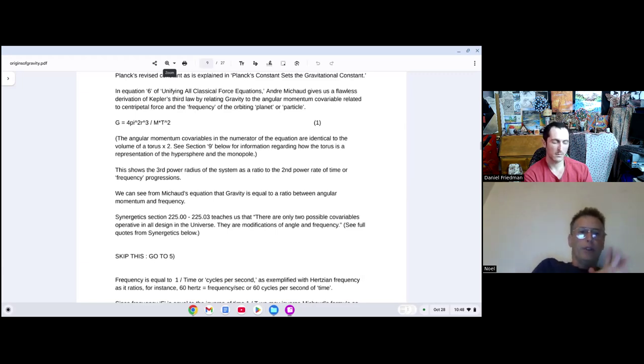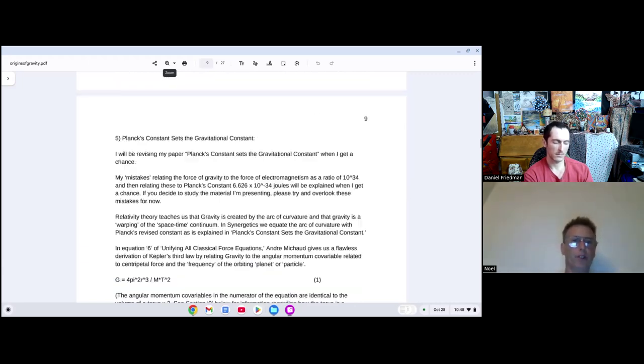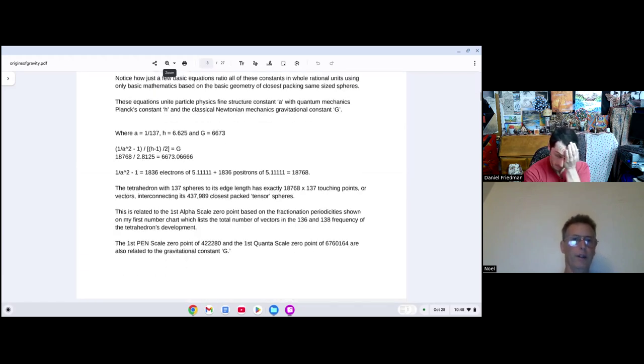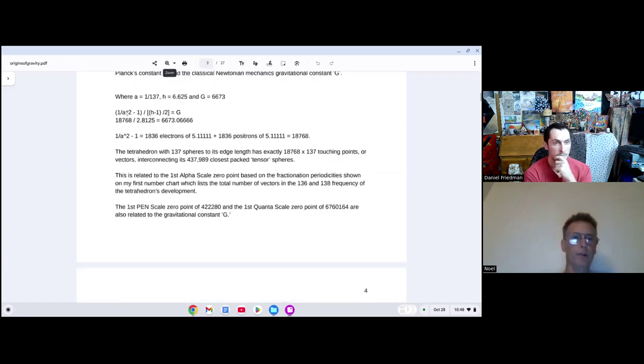So that relates to 360 degrees of angular momentum. I'm going to jump back up to show how now in this formula here we have a frequency setting, and here we have the angular momentum. So when you're measuring and dividing angular momentum by frequency, we're getting that gravitational constant.